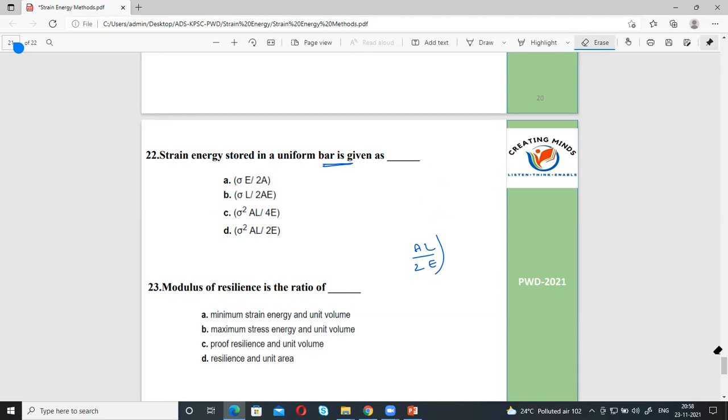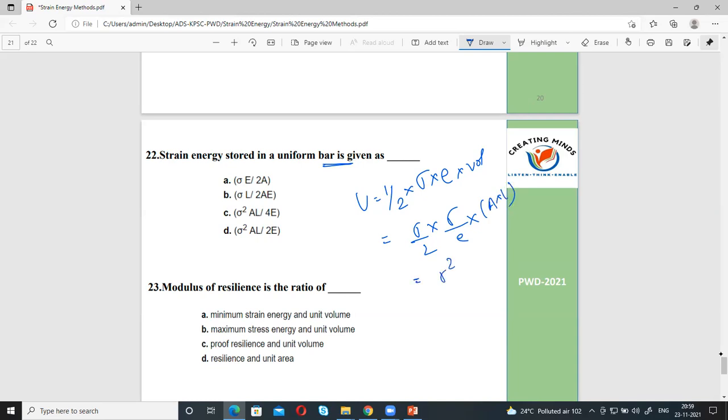Sir, first of all, U equals half into stress into strain into volume. Strain is stress divided by Young's modulus of elasticity. Sigma into sigma by E by 2 into volume. Volume is nothing but A into L. So you are getting sigma square AL by 2E.